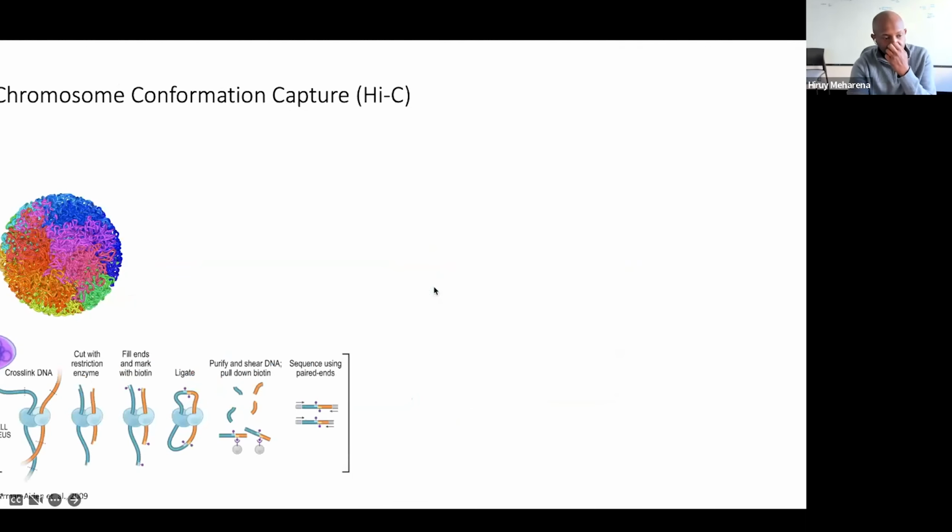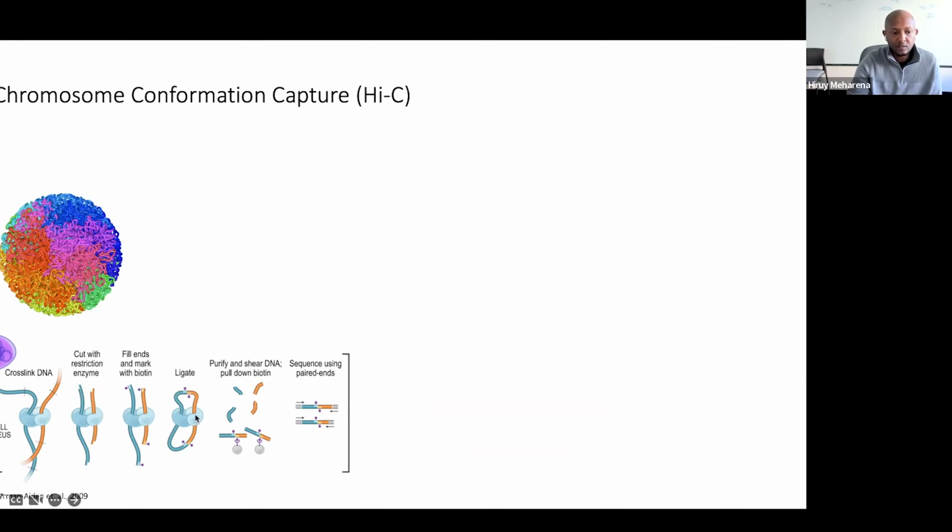So just to give you a brief introduction of how we look at the 3D genome architecture. As you can see here, and as I mentioned, there are cis interactions, which occur within a chromosome, and there are trans interactions, which are occurring in between. So for example, if we had an interaction between the purple chromosome and the red chromosome here, the ones that are in close proximity, we can have them bind together, and then we can shear the DNA into small pieces.